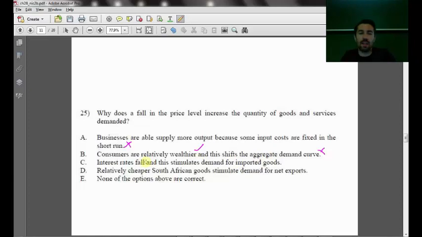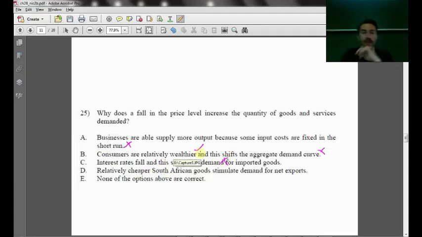No, we haven't dealt with exchange rates yet, but what would tend to happen is, with a fall in our interest rates, it tends to make our exchange rate weaken, which makes us import less. Anyway, we haven't got there, but no, it doesn't stimulate demand for imported goods.